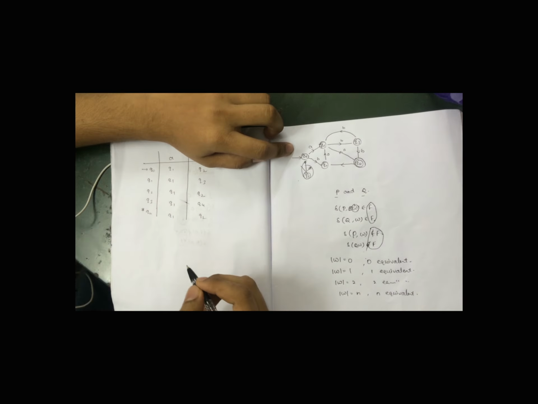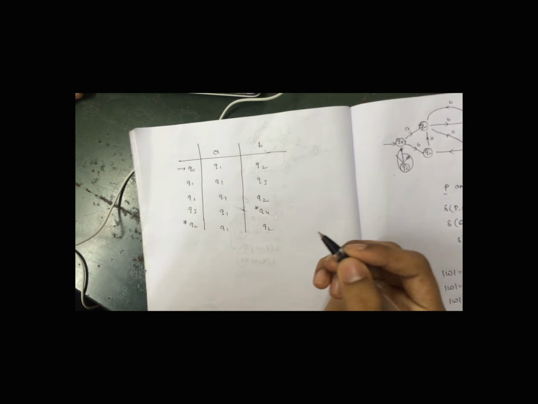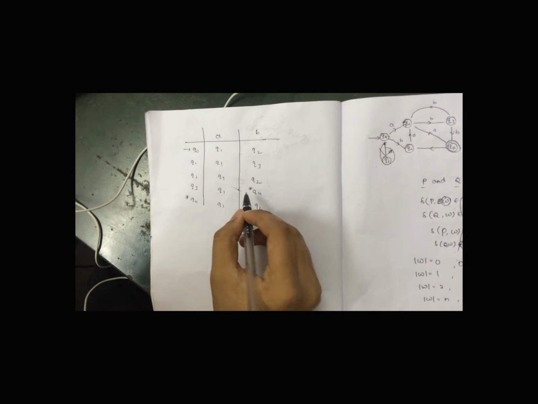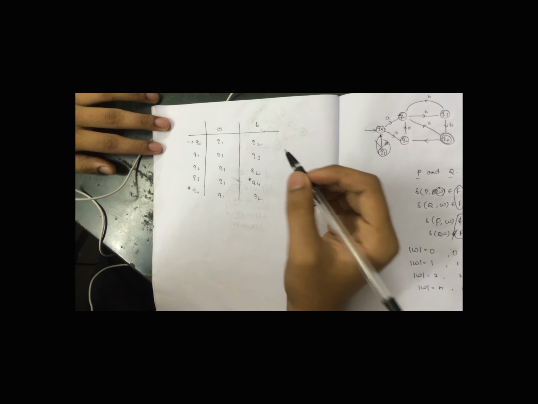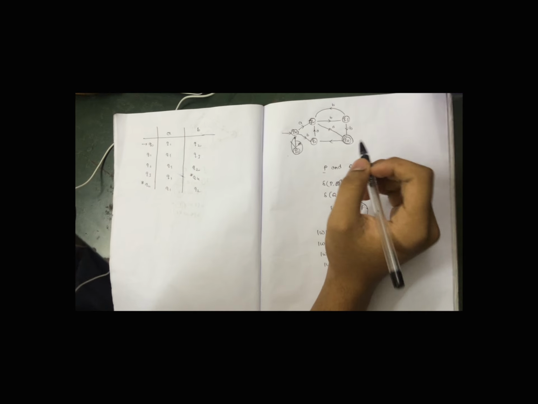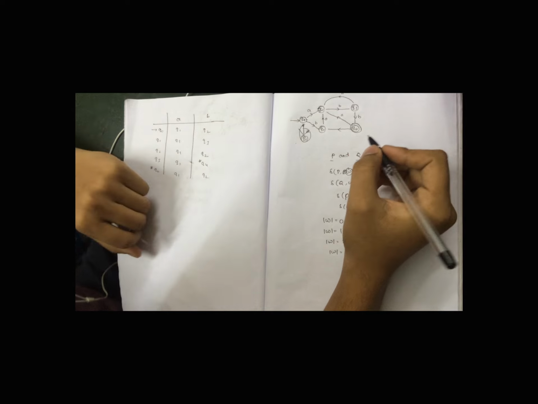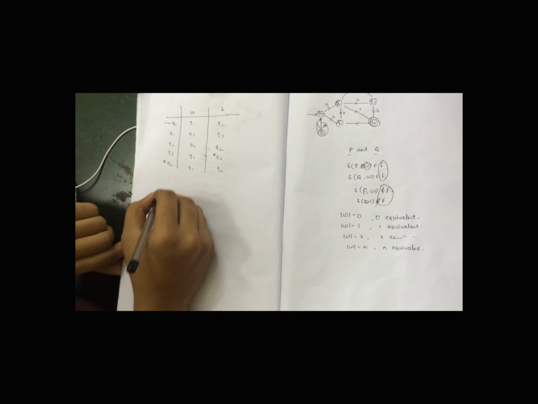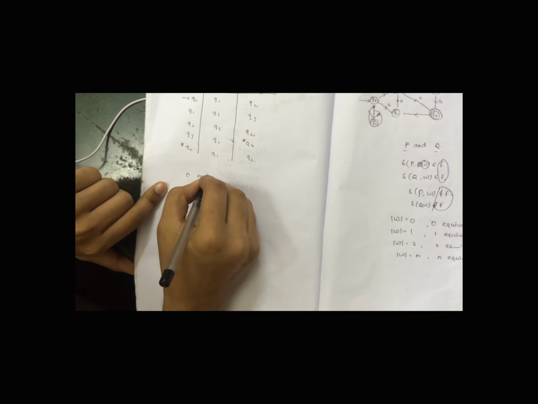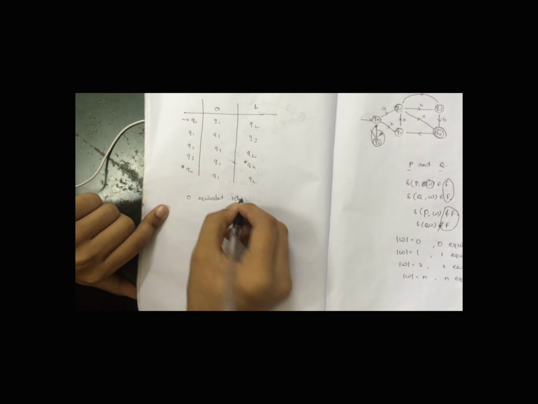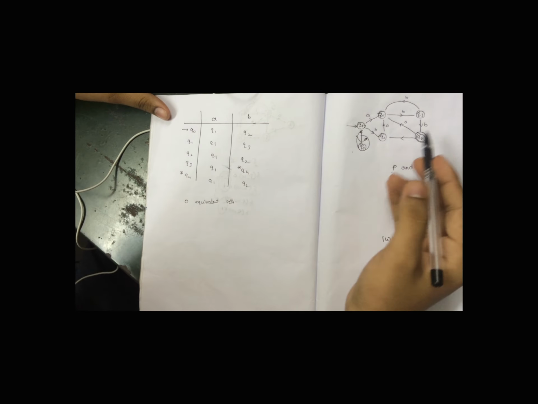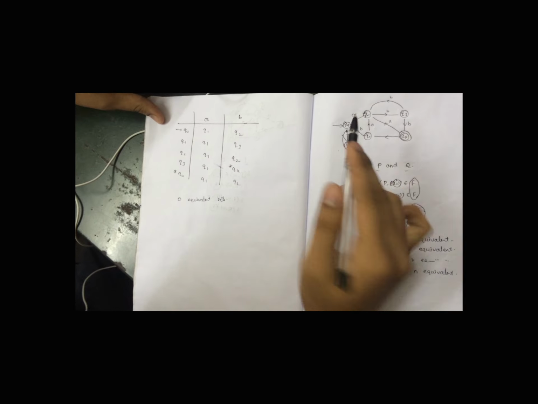So this is the transition table, and wherever Q4 is there, just mark it with a star. Now try to find the zero equivalence sets. For the zero equivalent sets, we first separate the final states and non-final states.